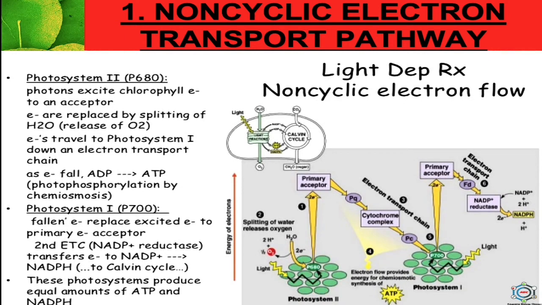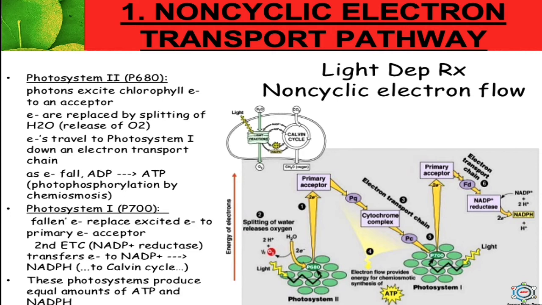So, in light-dependent non-cyclic electron flow, in photosystem second, that is the P680, photons excite chlorophyll electrons to an acceptor. Electrons are replaced by the splitting of H2O, that is release of oxygen. Electrons travel to photosystem first down an electron transport chain.